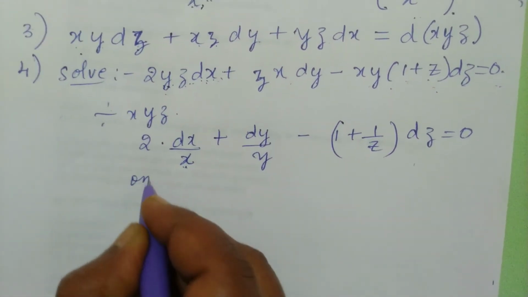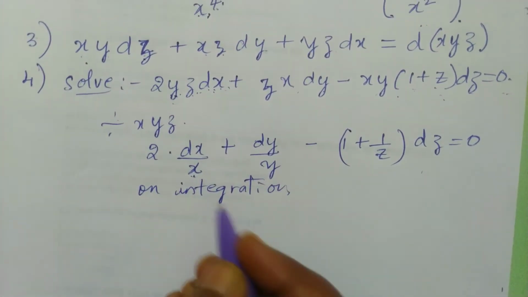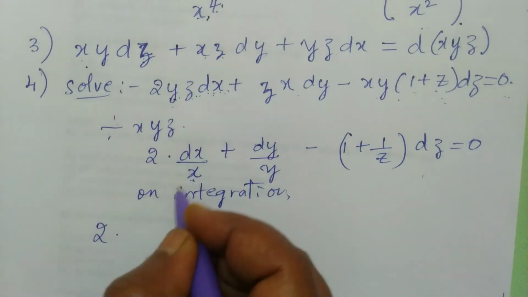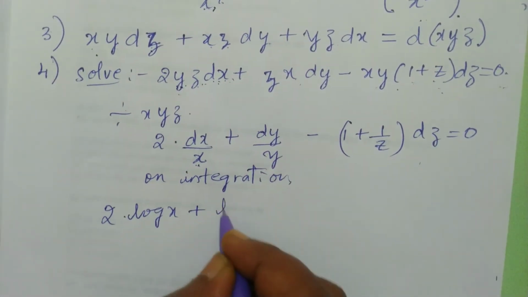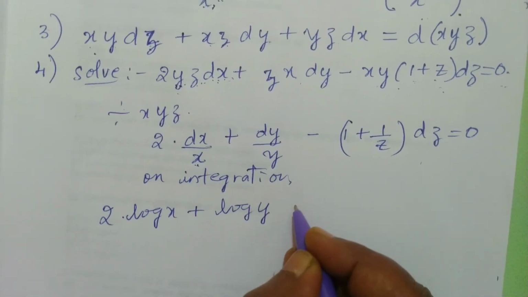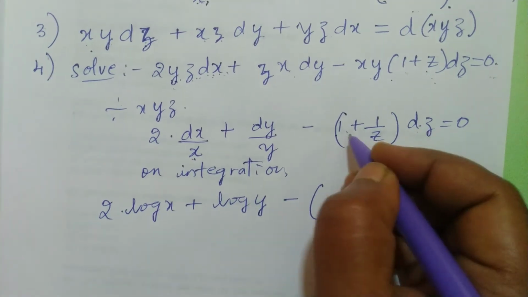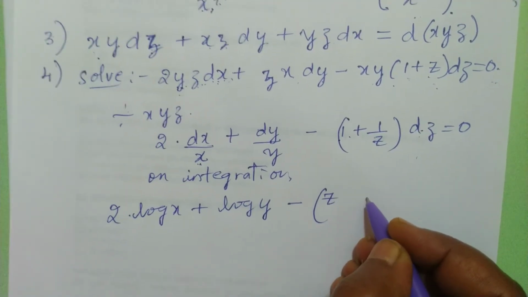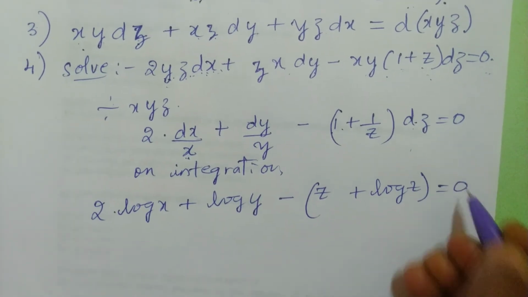Now on integration, if I integrate this, what do I get? 2 times the integration of dx by x is 2 log x, plus log y, minus the integration of dz, which will be z, plus the integration of 1 by z, which is log z, is equal to 0.